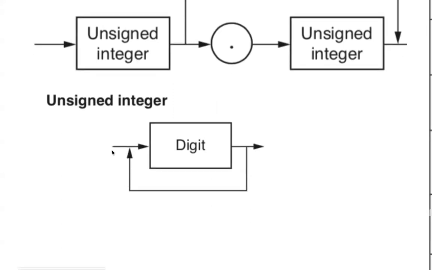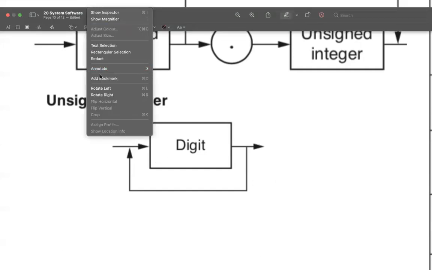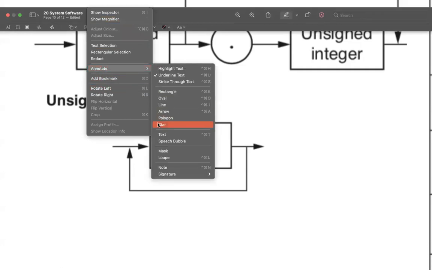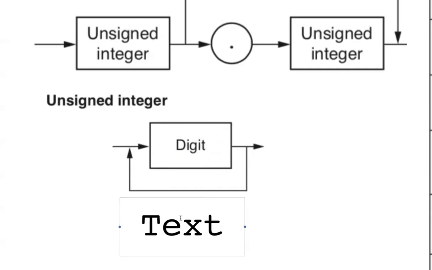Now let's look at how this loop actually works. Say I've chosen a digit like 357. Now, let's assume that 3 is a valid digit. Yes.